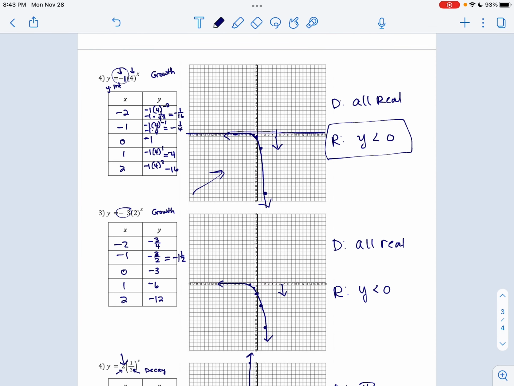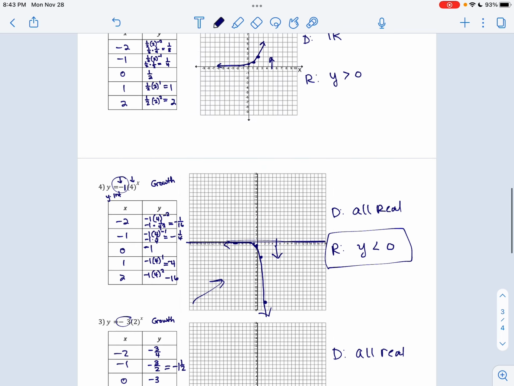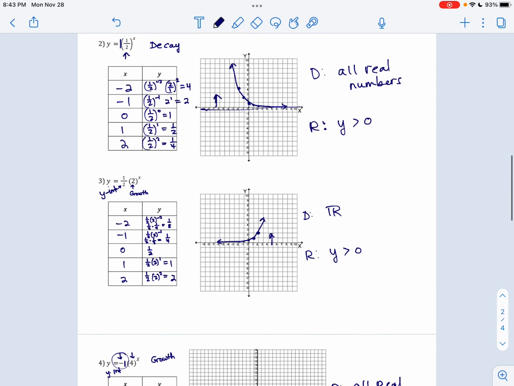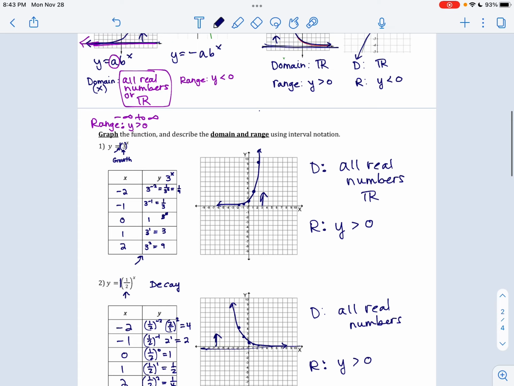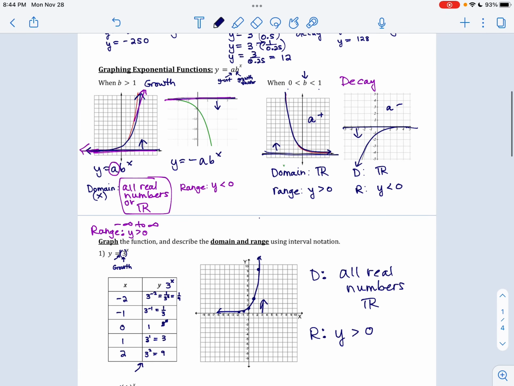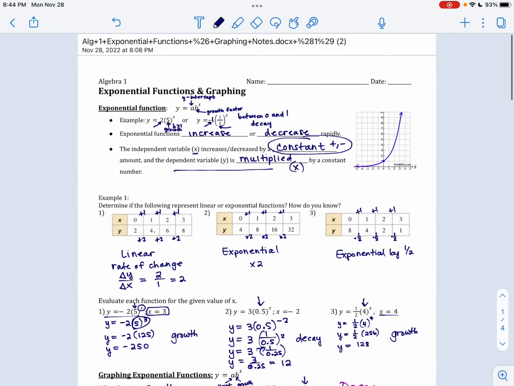We already know exponent rules, so that's the biggest thing, is following the exponent rules when we're doing negative exponents. And then just graphing them the right way and looking back to see if they make sense. So compared to where your y-intercept is and if it's growth or decay, you should be able to match those graphs with the information that I have given you.